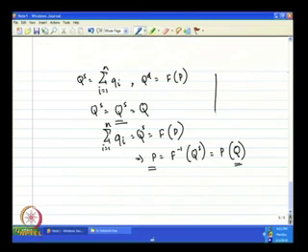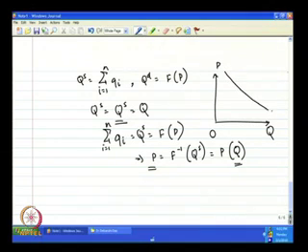This can also be represented in terms of a diagram. Along the vertical axis we are representing price per unit. Along the horizontal axis we are representing the quantity, the total amount of quantity that all these producers are producing together. I know the demand function will look like this.